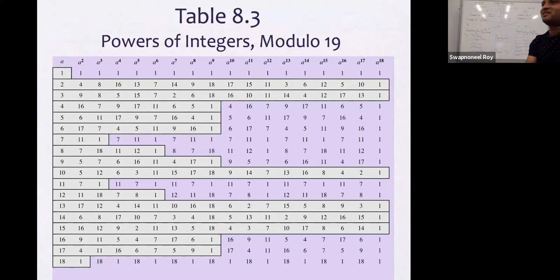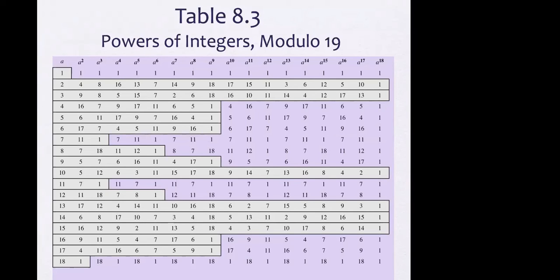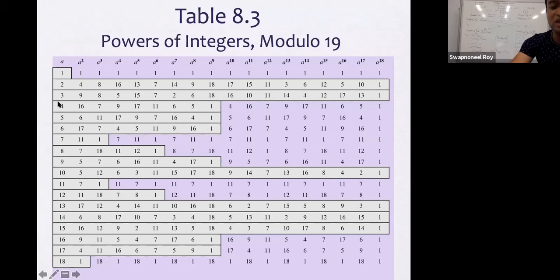Okay, let me rephrase his answer. He guessed that because 2, 3, then 10, then 13, 14, and 15 generated all possible values of modulo division by 19. When you divide something by 19, the remainders can only be 1 through 18, so we have 18 integers here.